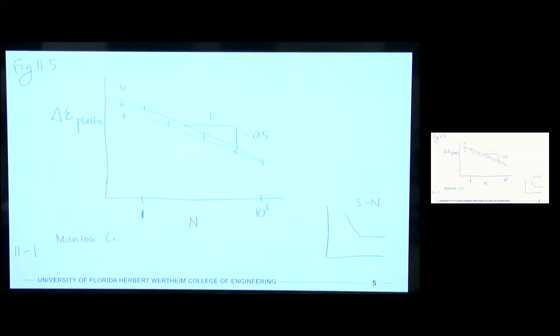It's very Halloween themed here, or the Manson-Coffin rule. And it says that if we take the plastic strain and divide it by 2, that is equivalent to a coefficient, we'll call it epsilon prime f, and then we have a power relationship with the number of cycles to failure.